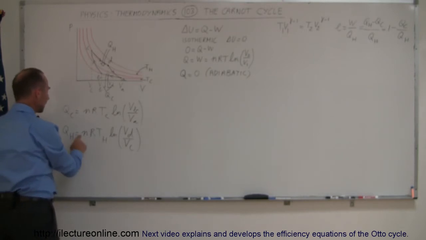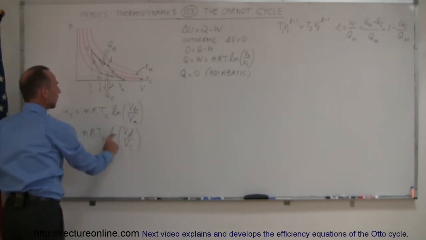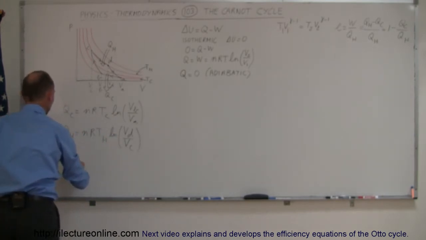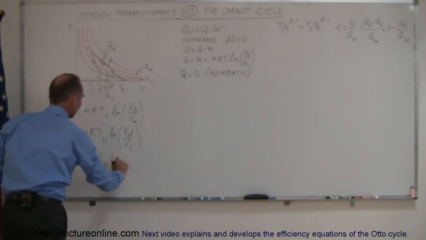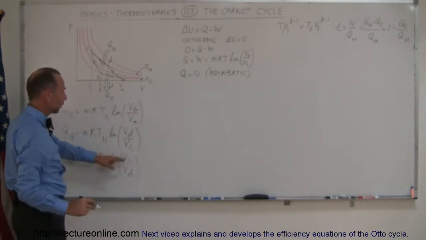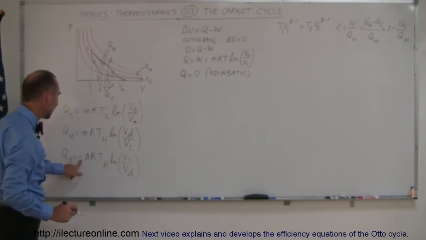In other words, if I put a negative sign in front of that and I exchange VC and VD, then that makes that negative as well, and they cancel each other out. So I can write QH is equal to the negative of nRTH times the natural log of VC over VD. Remember, when you interchange those two variables, that becomes negative, and that's then negated by the negative over here.